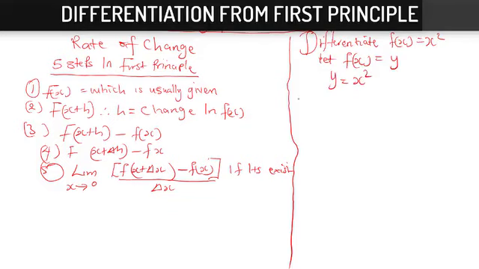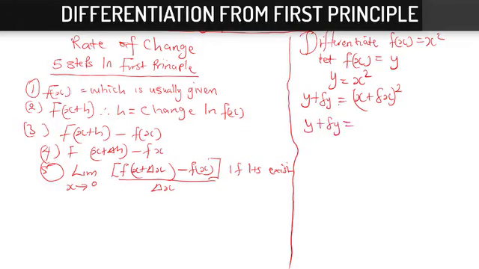But remember, we are talking of change, so let's add it. Y plus change in y is equals x plus change in x, all squared. Remember, our x has a square sign on top of it. So you now have y plus change in y equals, let's expand this.